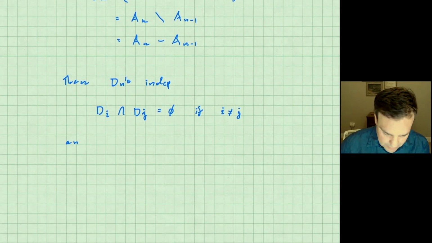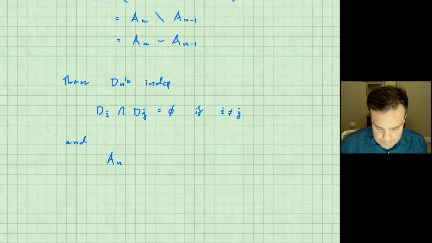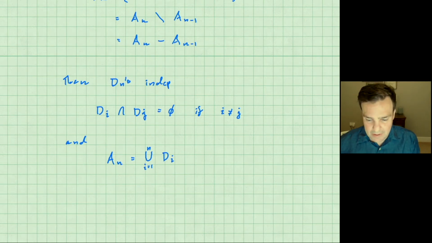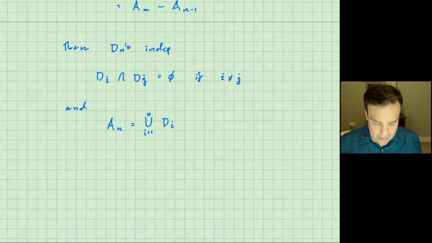And it follows that A_n is the union of all of the D's. Oops, I always make that mistake. A_n is the union of all the D's for the earlier n's. So that's how you build up the event A_n.